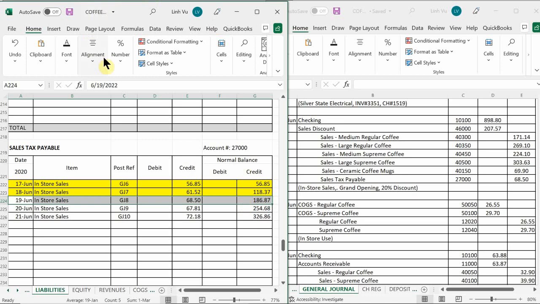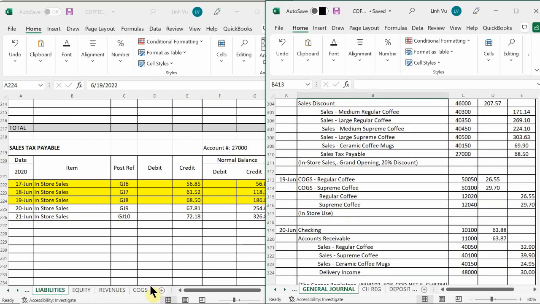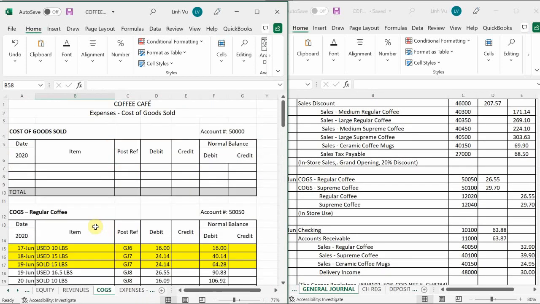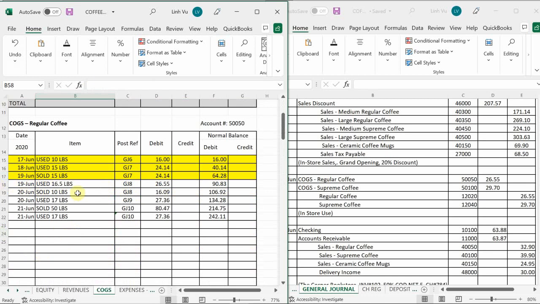We have our sales tax for the $68.50. Okay. And then, of course, we have to get rid of our coffee, so cost of goods sold. Okay, here we used up for $26.55, and then the other one is $29.70.